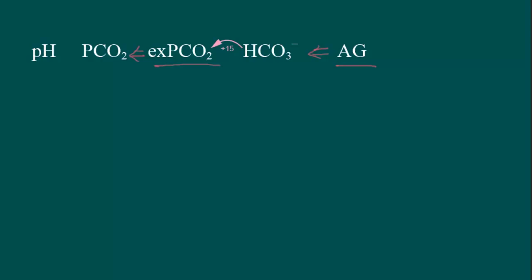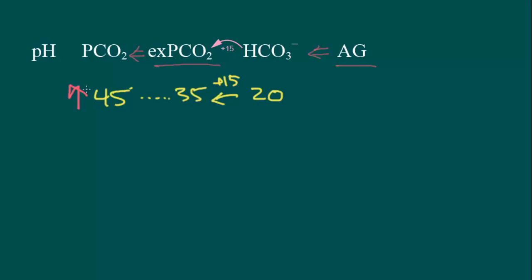How does this work? Well, say you have a bicarb of 20 and you have expected PCO2 of 35, 15 plus 20. And say your PCO2 is 45. Expected PCO2, which is the normal response to the bicarb. And even though it's 35, it wouldn't be considered a metabolic acidosis. It's just simply a response to the bicarb.